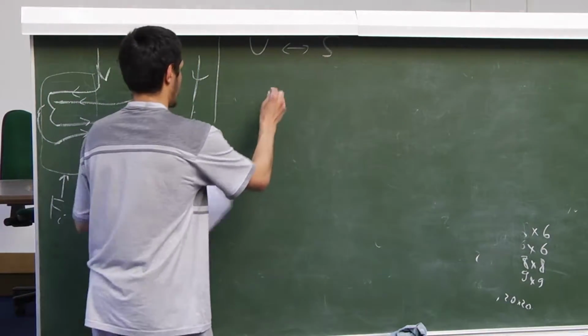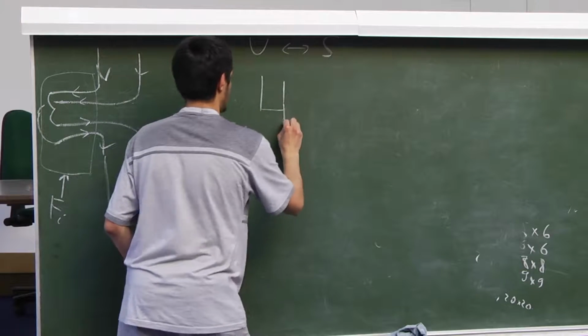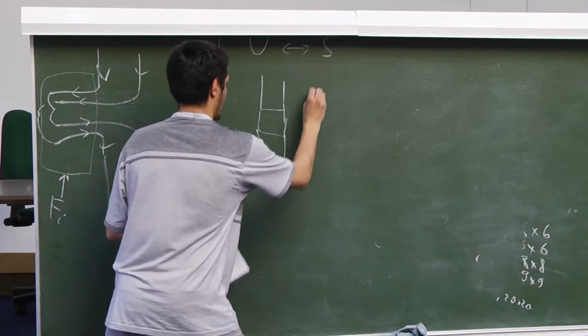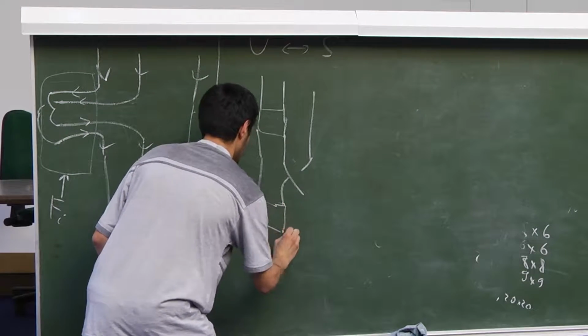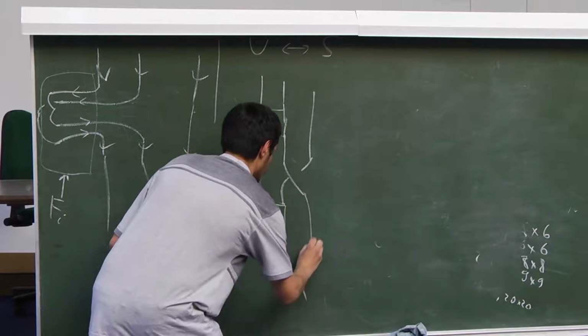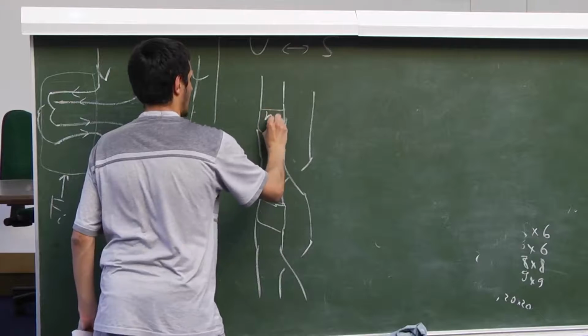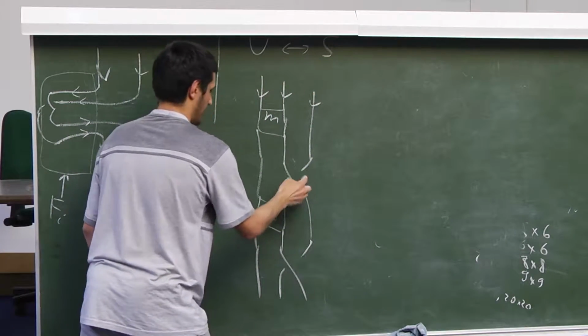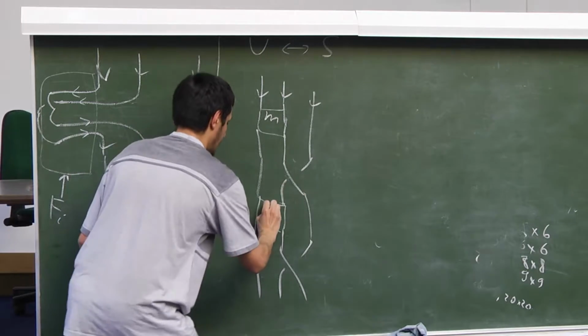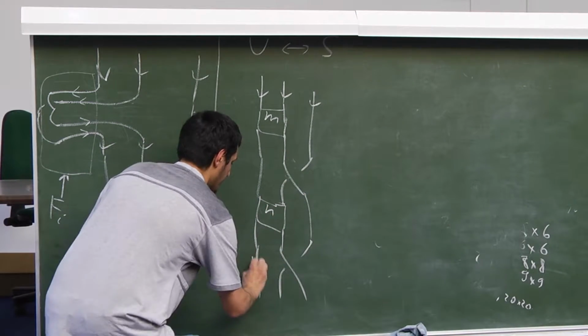It is the following class. Let me have n crossings here, -1 crossing here, n crossings here, and -1 crossing here.